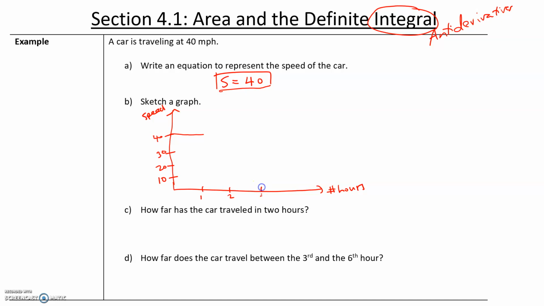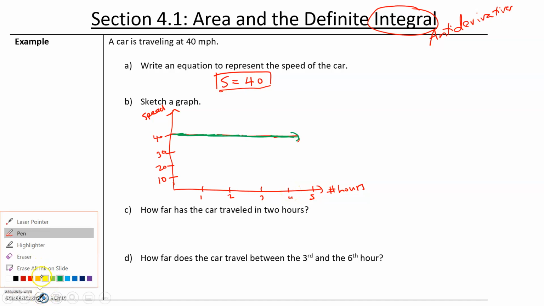So no matter how many hours we travel, the car speed is not going to change. It's going to stay constant at 40 miles. So this line up here represents the speed of the car, which is 40 miles an hour, and this is the number of hours traveled.